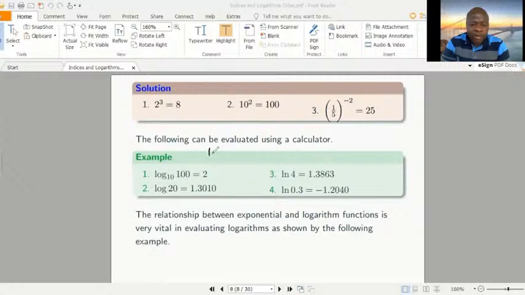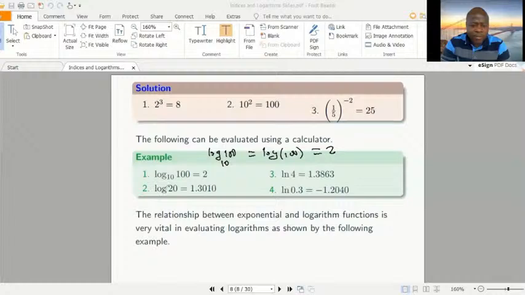You are given log of anything to base 10; your calculator can do it. Just press log and then 100 and equals. Your calculator should be able to give you 2.